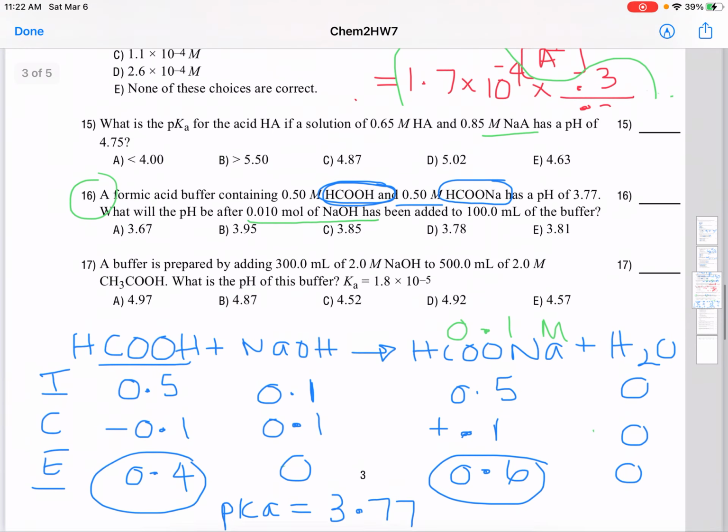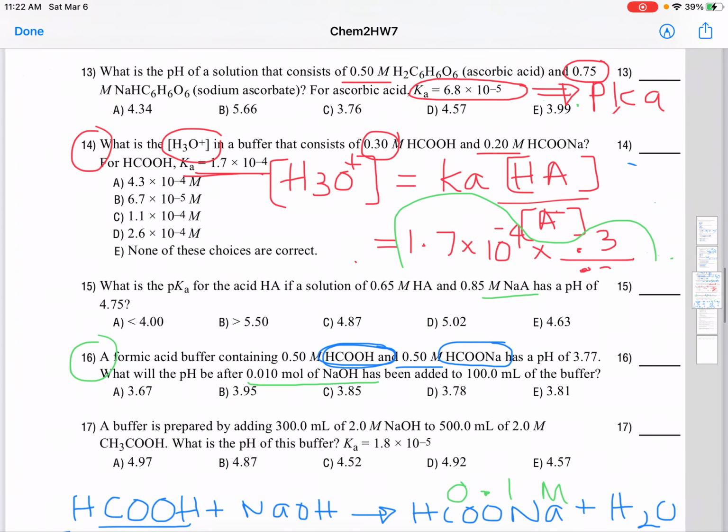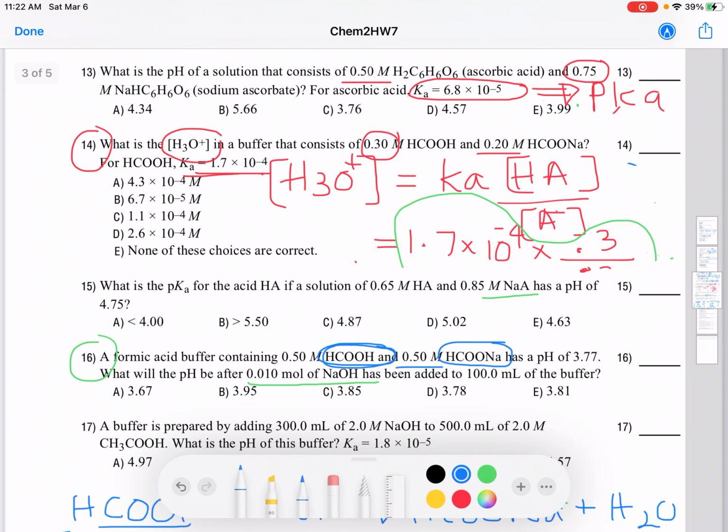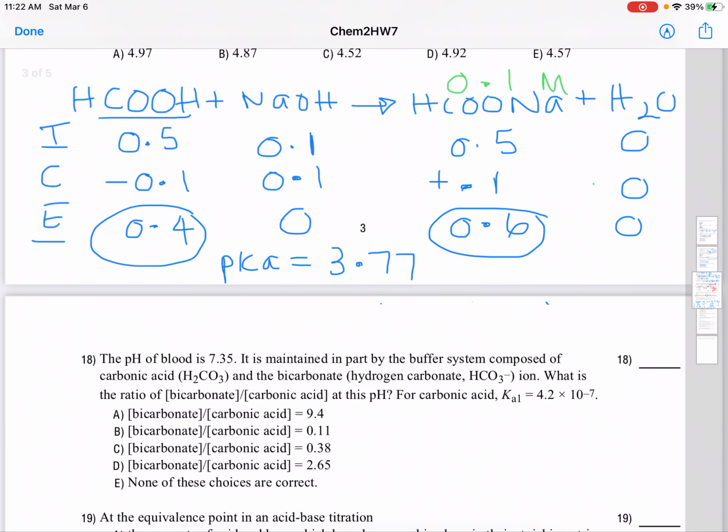How do I find that? Remember in a previous question, number 14, we had formic acid, Ka given as 1.7 times 10 to the negative 4. When you calculate the pKa, which is the negative log of that, that would be 3.77. That's how I know the pKa is 3.77.